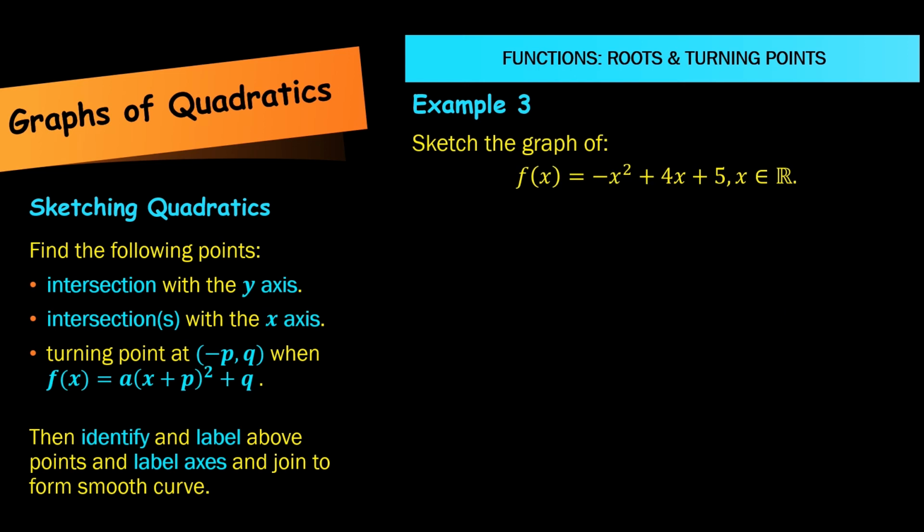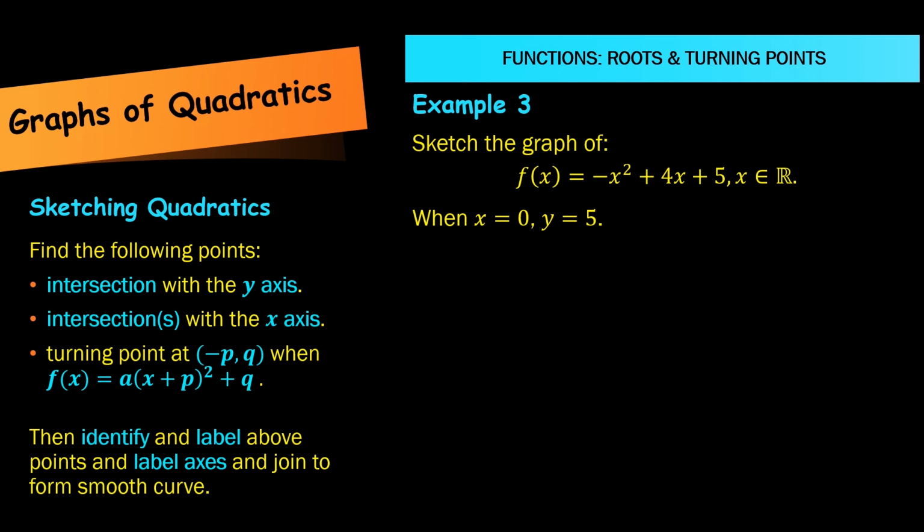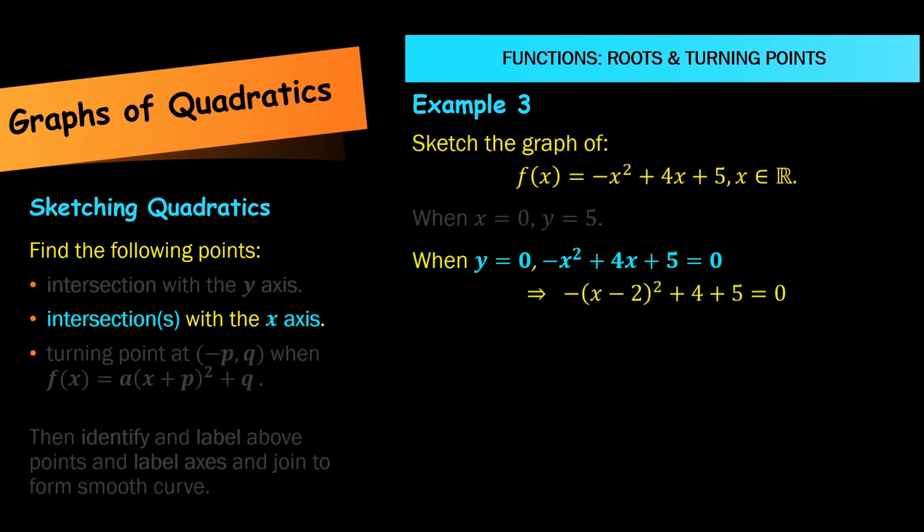Now have a look at example 3. Pause the video and have a go. Press play when you're ready to view the solution. So when x is 0, what is y? We have that y equals 5 when x is 0. When y is 0, what is x? Again, we have a quadratic.